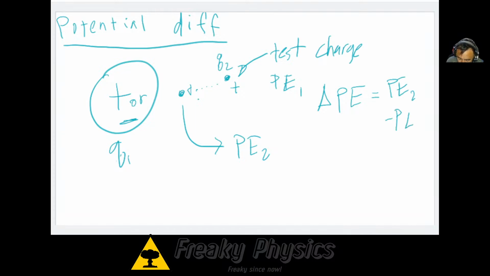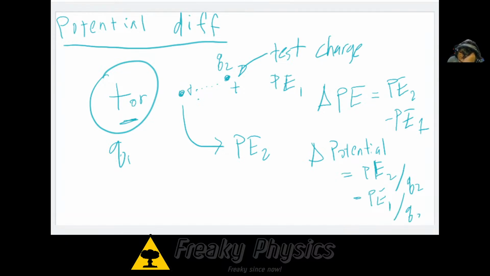Now the change in the potential is PE2 divided by Q2, minus potential energy 1 over Q2.